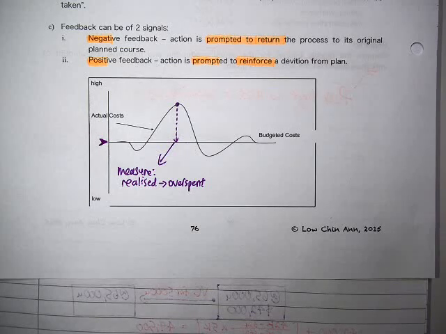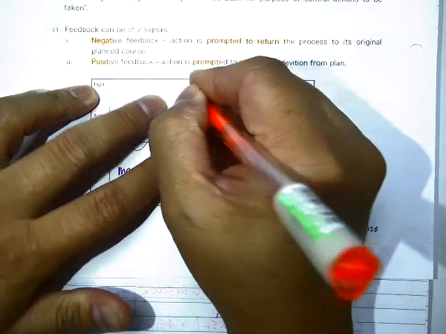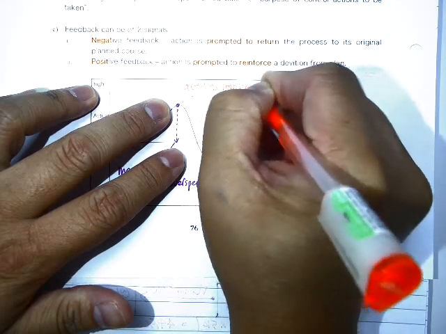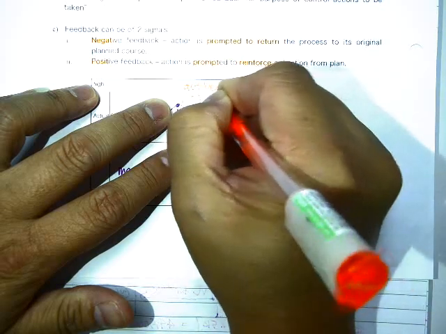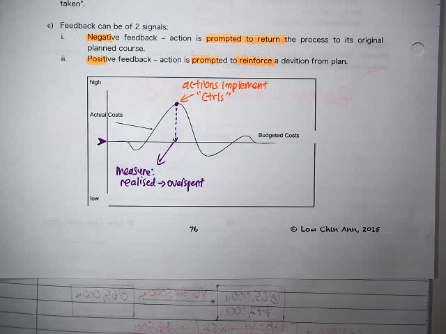Then when you start doing all that, the staff will need to do something to make sure that they don't overspend. Whatever actions that you implement, we call it control.